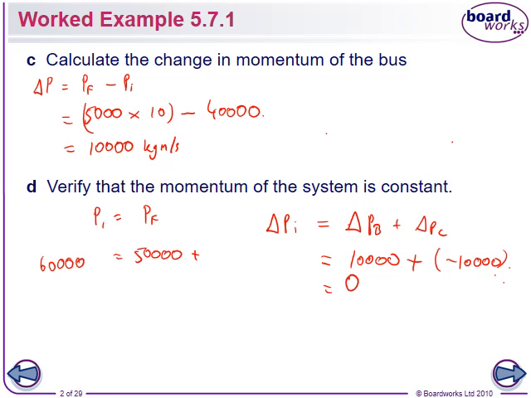Plus, our car's final momentum, 1,000 times 10 on the previous slide, is 10,000. And so you can see our initial momentum of 60,000 is equal to the final momentum of the bus plus the final momentum of the car. So you can work it out either way. Look at the change in momentum that's happened, or compare the initial momentum to the final momentum. And you should see they come out equal, and you find there is no change in momentum.